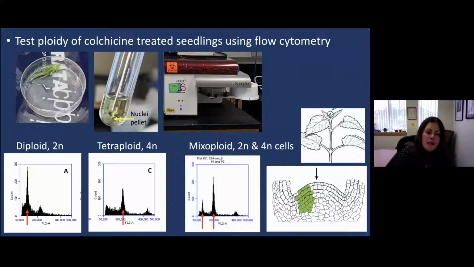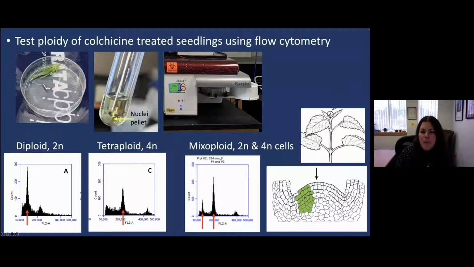We test the ploidy of all of our colchicine treated seedlings using flow cytometry, which is a way of measuring the DNA content. We take leaf tissue and chop it up in a buffer, and this is just the nuclei, so the nucleus within the cell. The nucleus contains the DNA.